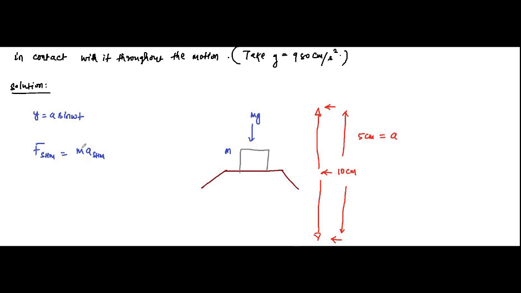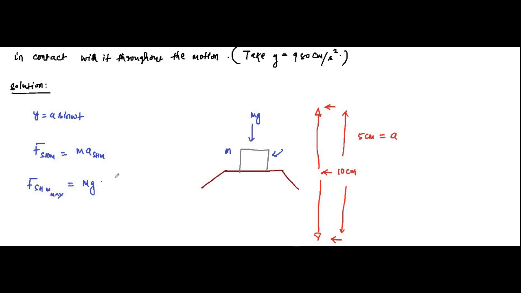Now for the object to remain in contact with this platform, the maximum value of the force because of the simple harmonic motion should be lesser than or equal to the force of gravity, that is mg.